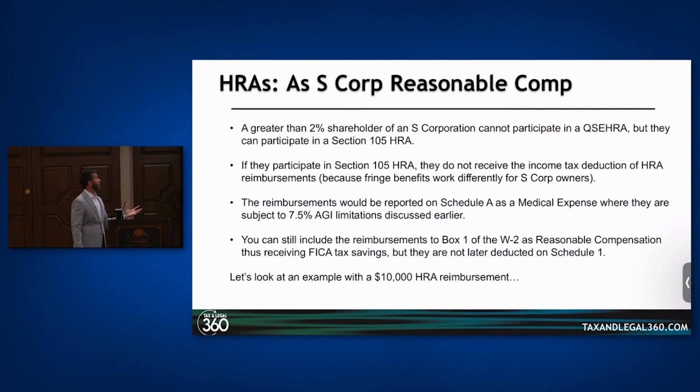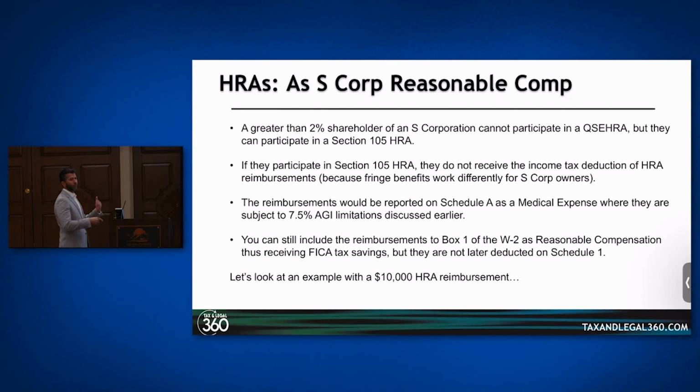Because fringe benefits work differently for S Corp owners. The reimbursements would be reported on Schedule A as a medical expense where they are subject to those 7.5% AGI limitations discussed earlier. So what I'm saying here is you can get an itemized deduction for it, but we already established that that's pretty challenging to actually receive any benefit from. You can still include the reimbursements in box 1 of the W-2 as reasonable compensation, thus receiving FICA tax savings, but they are not later deducted on Schedule 1.